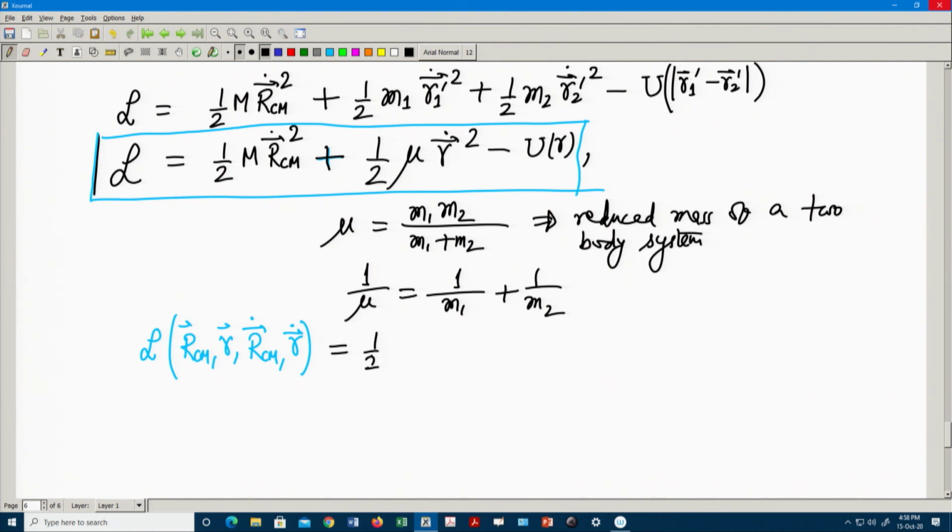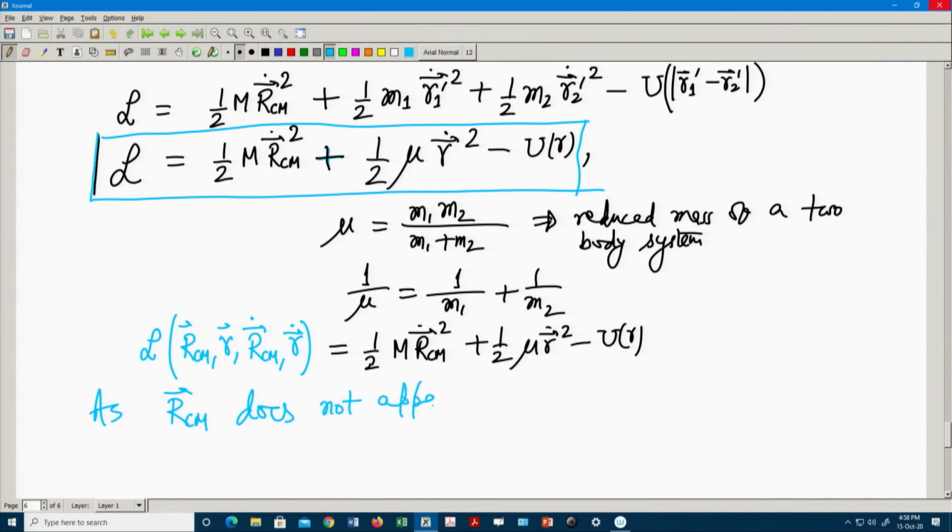So, I repeat whatever is written above. As RCM does not appear in L, it is an ignorable or cyclic coordinate.